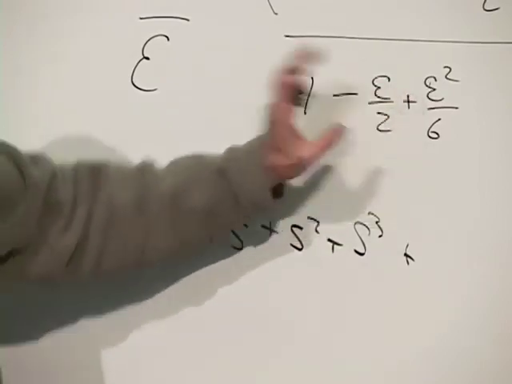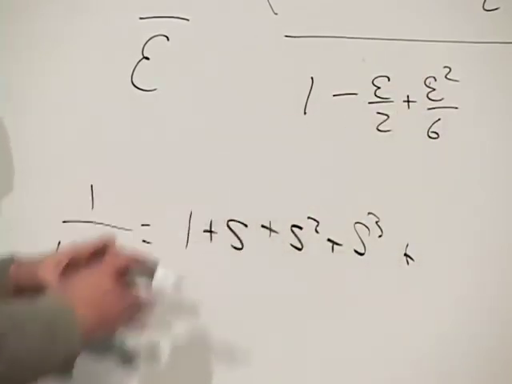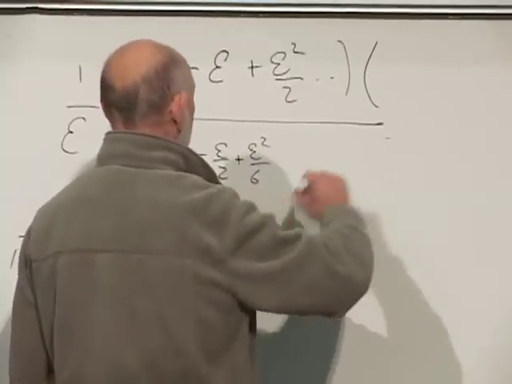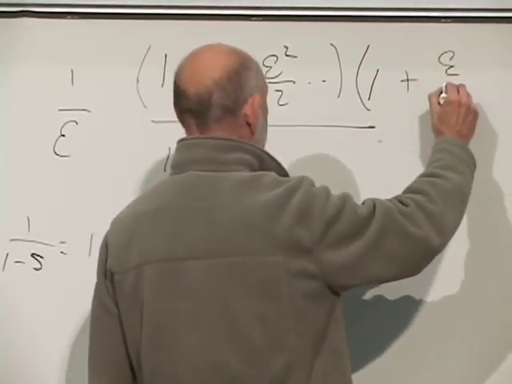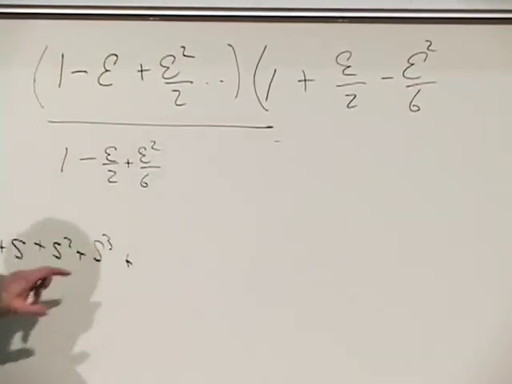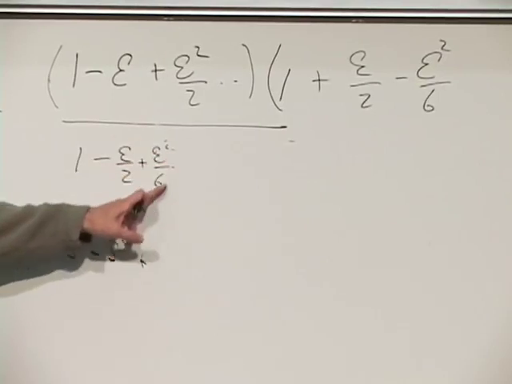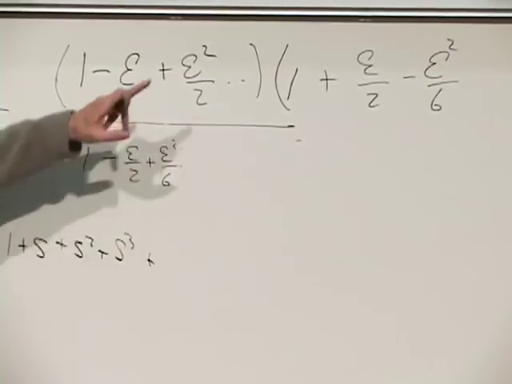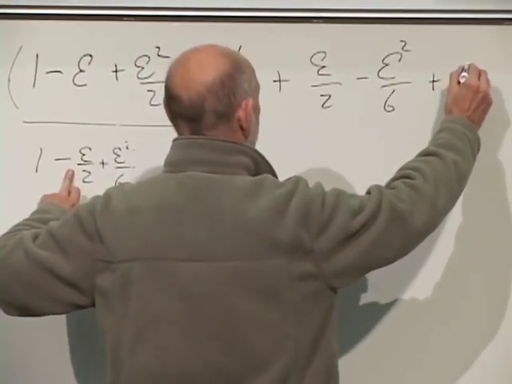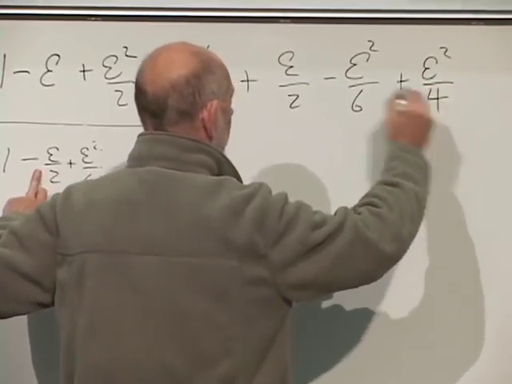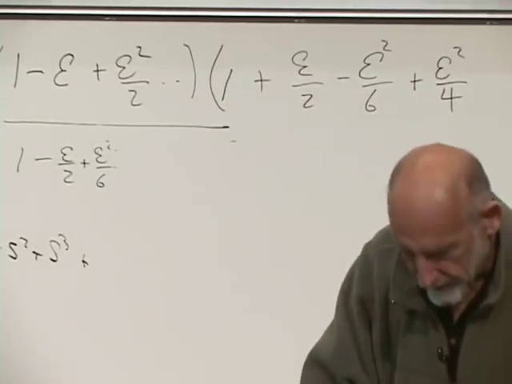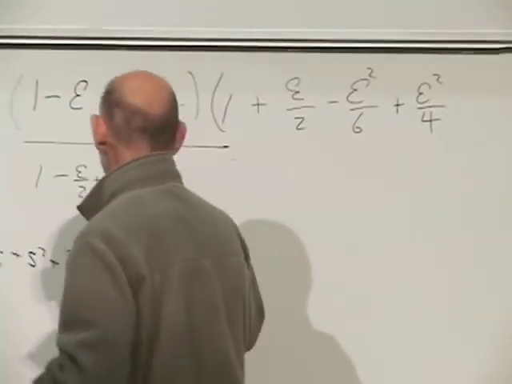So what we do is we take what's in the denominator here, and we expand it to get all the epsilon dependence in the numerator. Let's see what we get. I think we're going to get 1 plus epsilon over 2 minus epsilon squared over 6. But then there's a term coming from squaring the small quantity here. If I keep things to order epsilon squared, I think all I'm going to get is plus epsilon squared over 4.